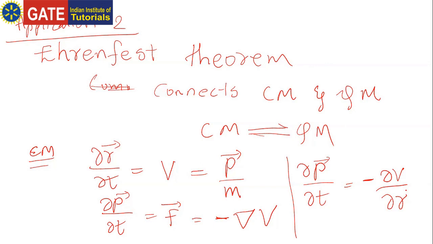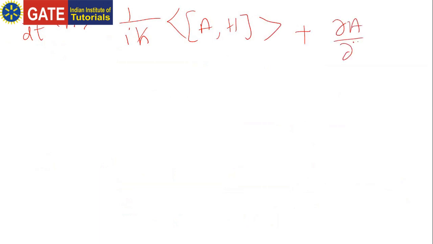Okay, now we are going to find how this first theorem connects quantum mechanics and classical mechanics. Once you have completed the slide, please let me know. Okay, I am waiting for you to complete. We know that d/dt of expectation A is equal to 1 by iħ expectation [A, H] plus ∂A/∂t.